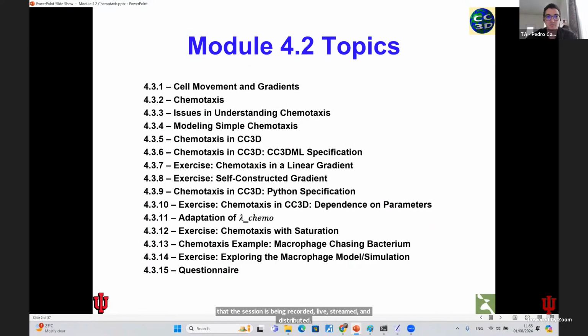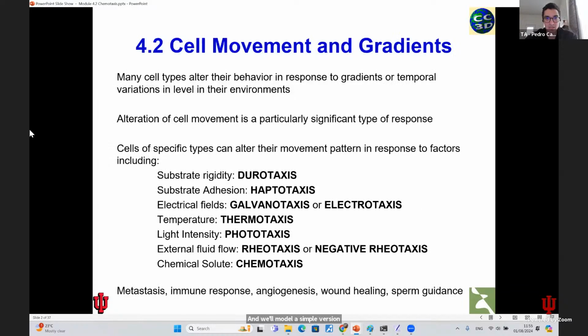We'll cover cell movements in gradients, and we'll model a simple version of chemotaxis. Movement in gradients is not only chemotaxis. Chemotaxis is only one type. There is also durotaxis, which is substrate rigidity.